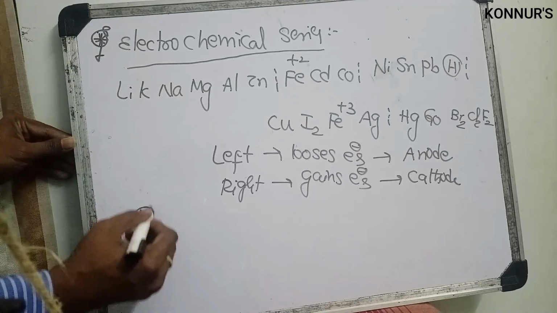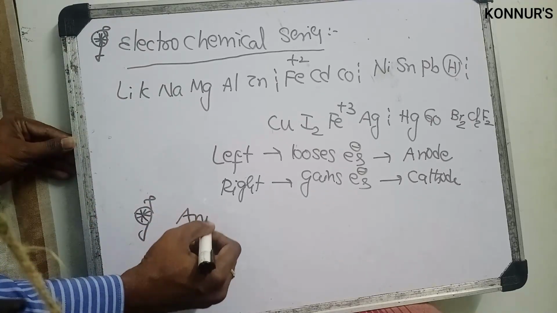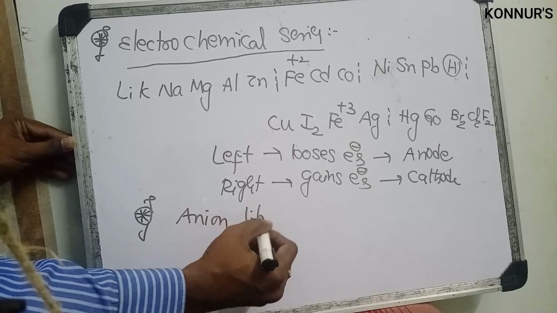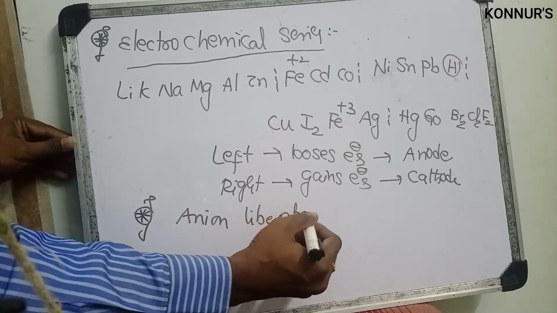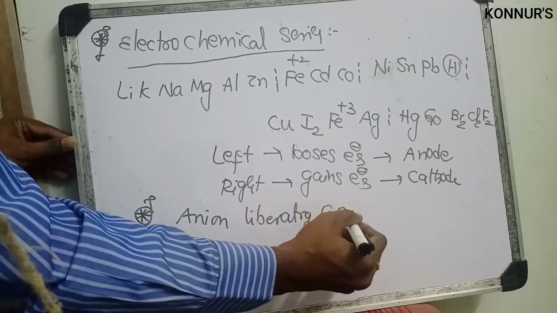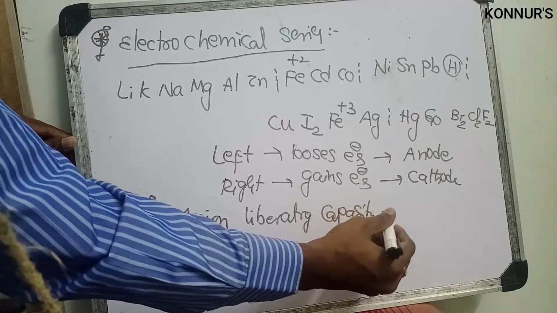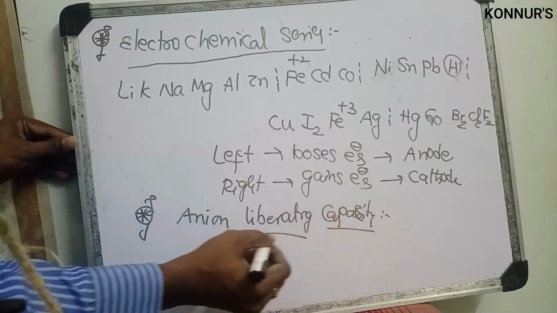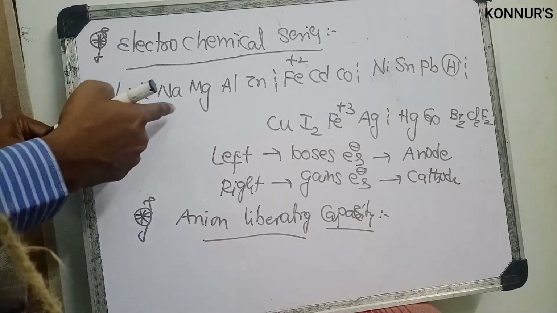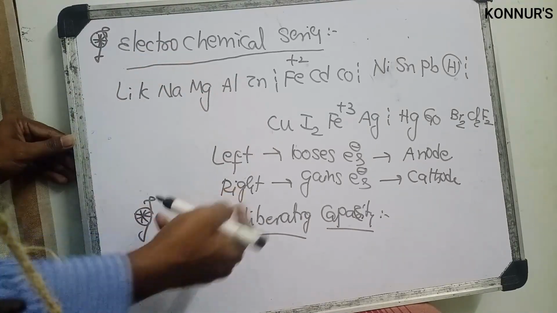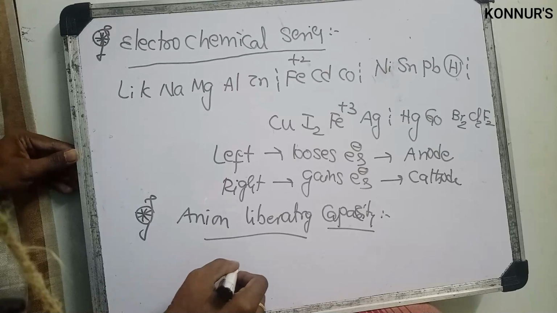Another one is the anion liberating capacity. See, the series explains the cations, and this one explains the anions.